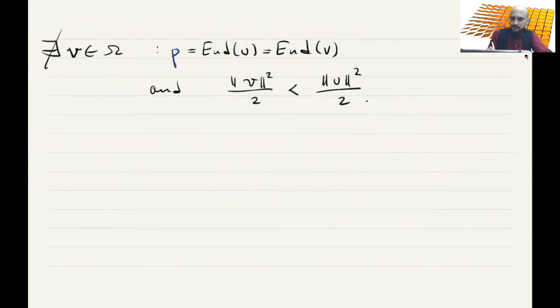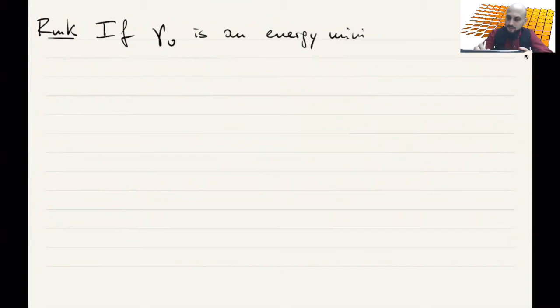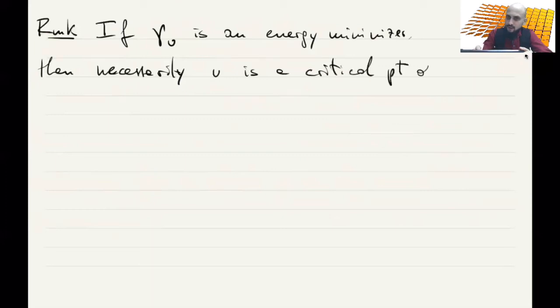Okay. Now, let's conclude something from this observation. So we remark, if gamma U is an energy minimizer, then necessarily U is a critical point of the extended endpoint map. Why?